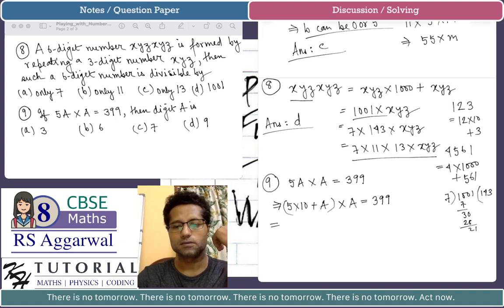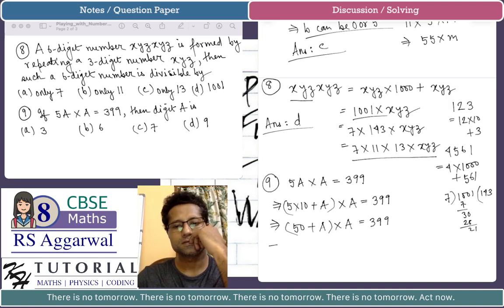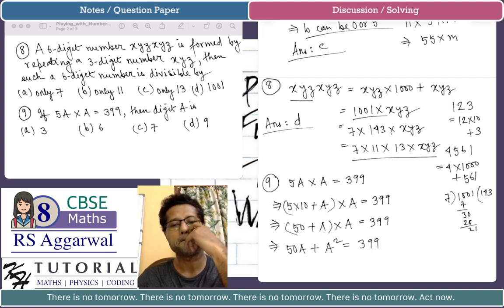This implies 50 plus a multiplied by a is equal to 399. This is equal to 50a plus a square is equal to 399.